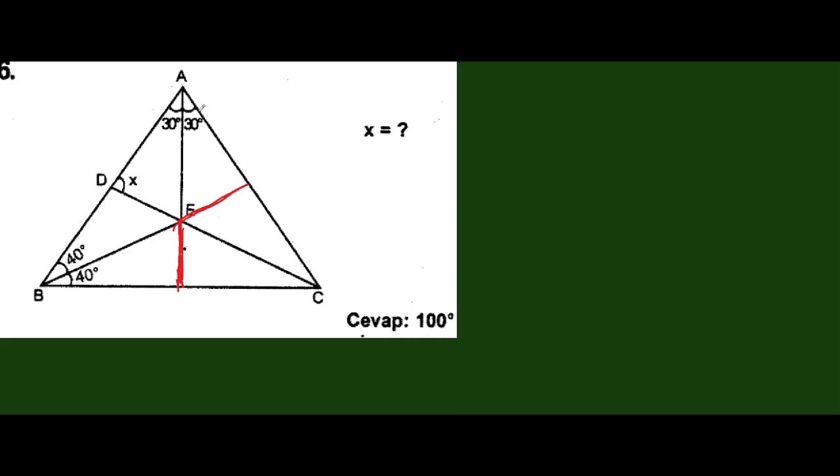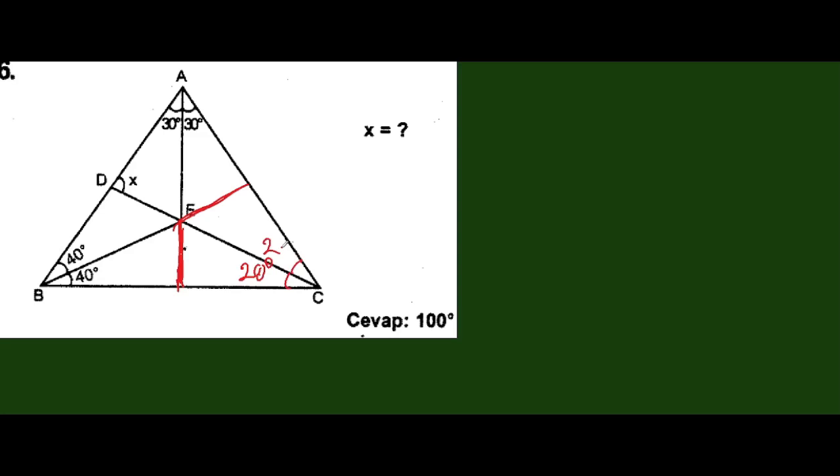Why is it so? Because it is intersecting at the point of intersection of the bisectors. So DC is also a bisector. The main problem was to know that. So this angle is 80 degrees and this angle is 60 degrees. 60 plus 80 is 140, and if we subtract 140 from 180, we'll get 40 degrees, which is 20 degrees for each of these angles.